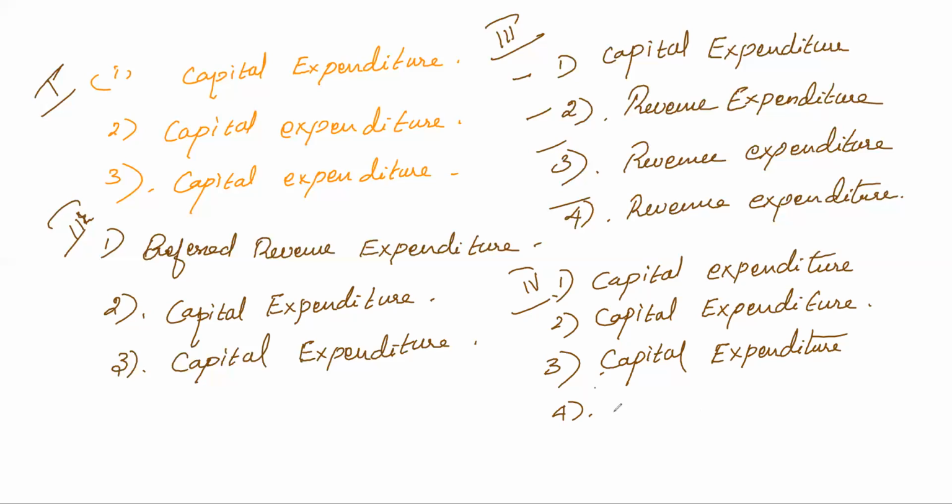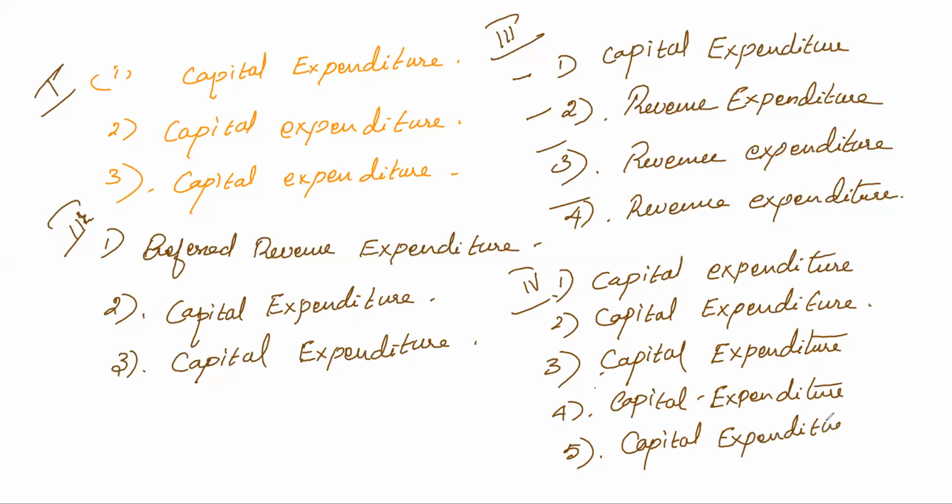So this is also capital expenditure. Then fifth one, 150 spent on repairs before using a second hand car purchased recently. So repair on a purchase like this is also capital expenditure. Okay?